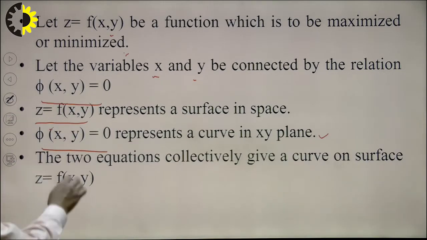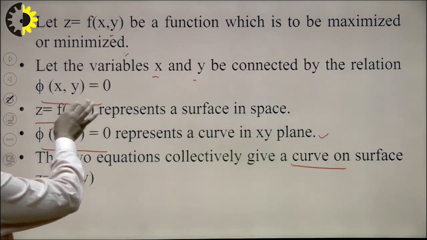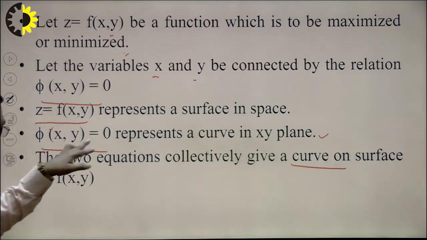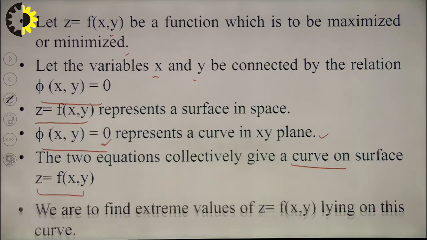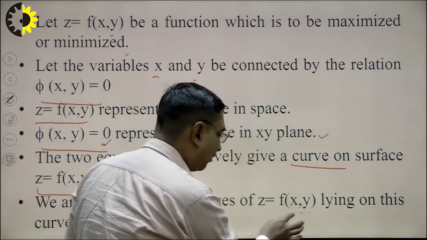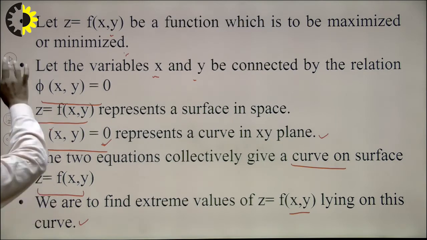If we consider both of these equations collectively, we get a curve on the given surface, because z equal to f(x,y) is the entire surface and phi(x,y) equal to 0 is a curve in the xy plane. So the intersection will give a curve which lies completely on the surface z equal to f(x,y), and we want to find extreme values of this function which lie on this curve. We shall understand it with the help of geometry.